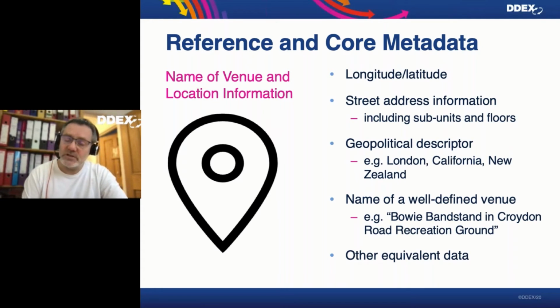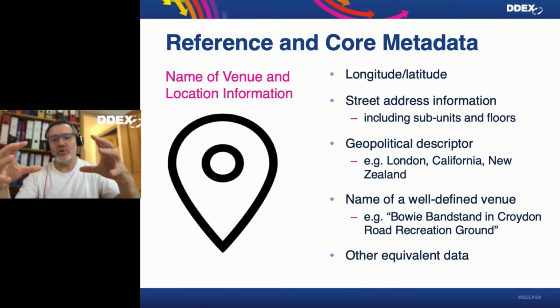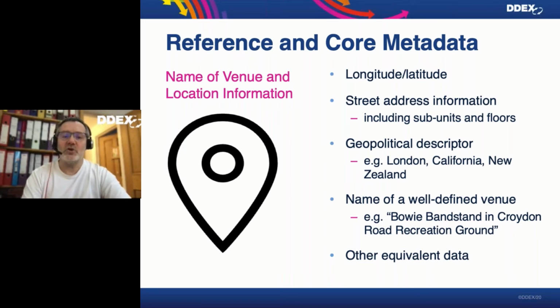Geopolitical descriptors will be needed. You may want to group everything that has been recorded in London. That may not be that interesting, but if you have, I don't know, two little places in a small Midwestern town, maybe there is a vibe going on in that town and you want to group them together in a geopolitical descriptor.